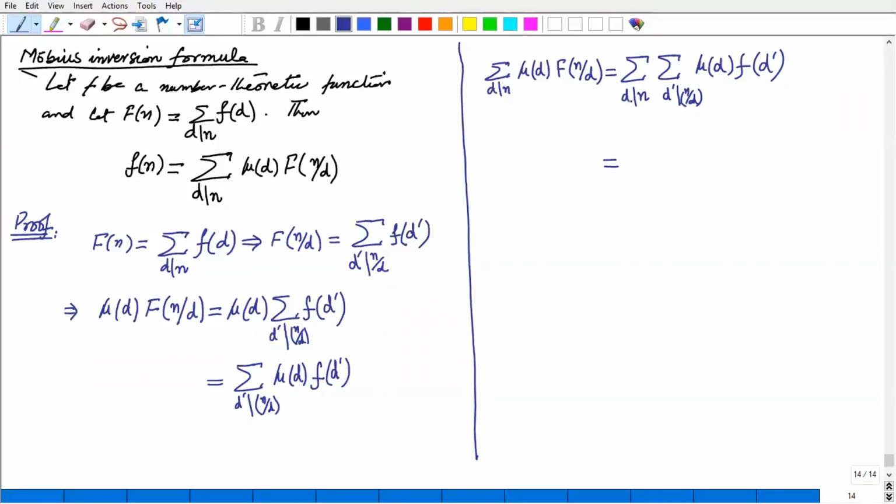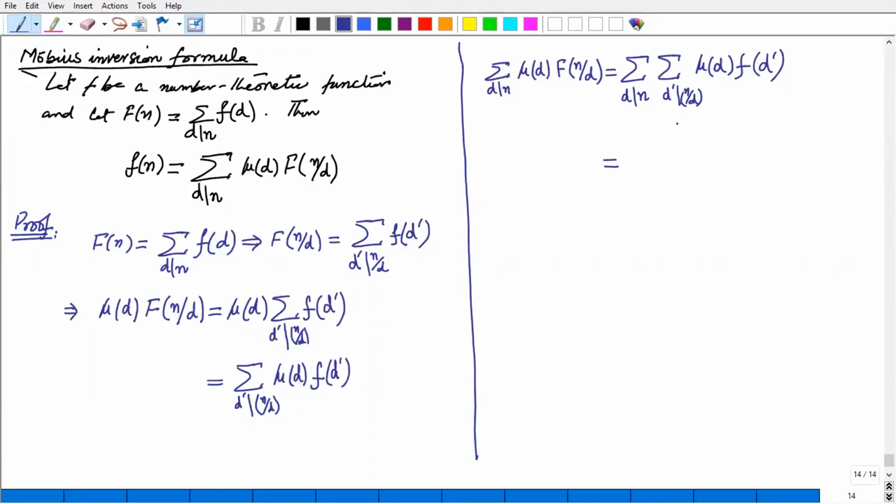So if d runs over the divisors of n, then d prime does as well, because d prime runs over the divisors of n/d, so it also runs over the divisors of n, since n/d is a factor of n.